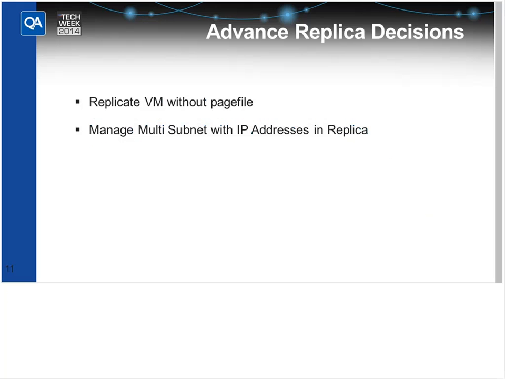So without delay, let's jump straight across and have a look at how we would set up replication for a virtual machine where we didn't want to copy the page file across, and how we would get the multiple IP subnet model working. So I'm going to jump between these two demonstrations a little bit because obviously some of the setup process is going to take a little while.